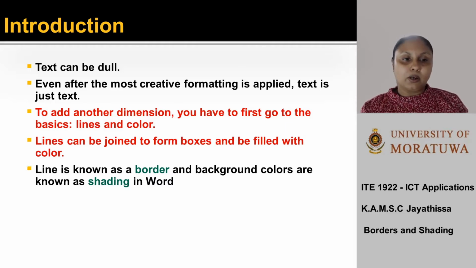Lines can be joined, form a box and be filled with color. In this tutorial, I will show you how to add colors and lines. A line is known as a border and background colors are known as shading in MS Word.